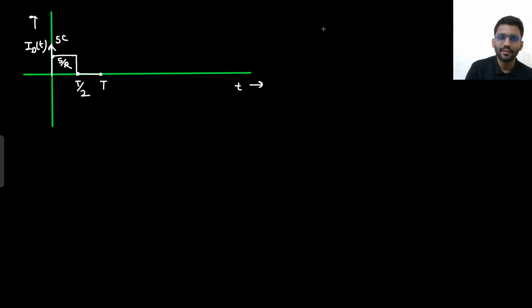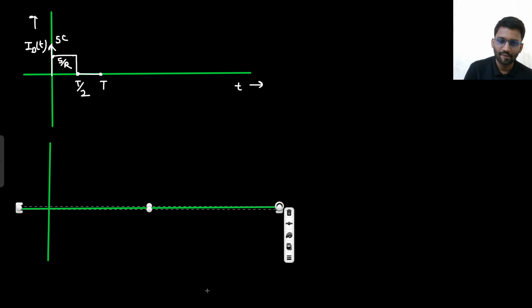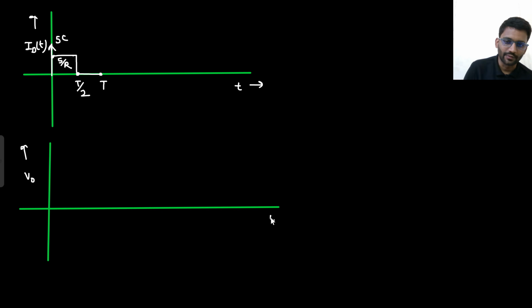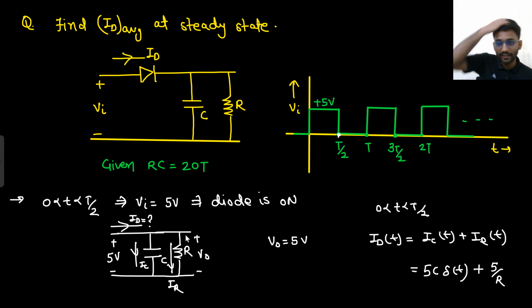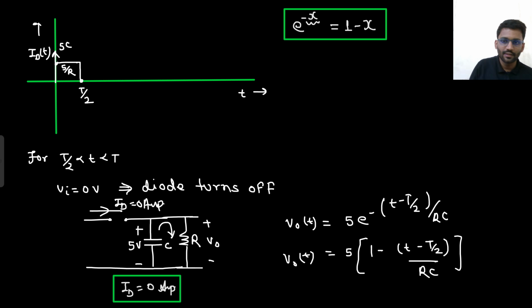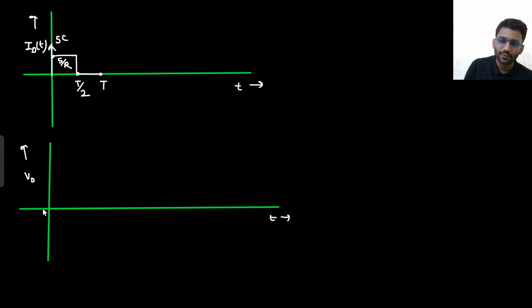And what about VD? VD or V0, not VD, sorry, it is V0. So V0 suddenly rises to 5 volt, from 0 to 5 volt.